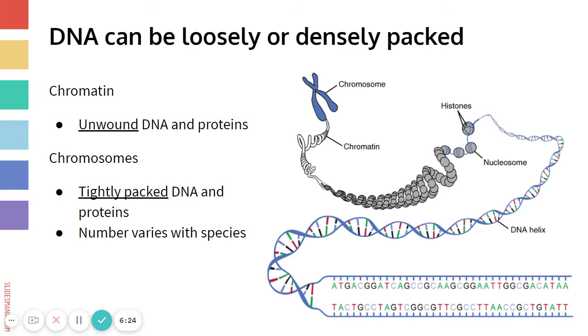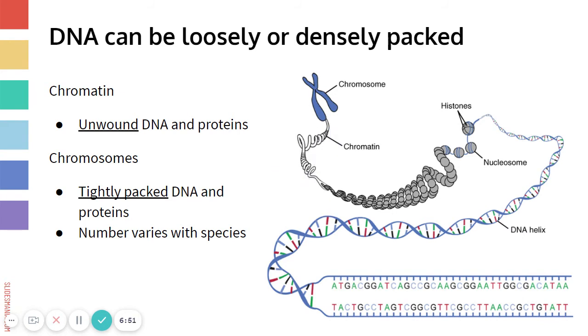If you think about your clothes, if you want them to be accessible in your day-to-day life, like you want to put on whatever shirt you want, you're not going to have each and every shirt that you own packed up into a tiny little suitcase, right? That's not practical. So when the cell needs access to its genes, it's going to have it in this more unwound chromatin form, which is more open.